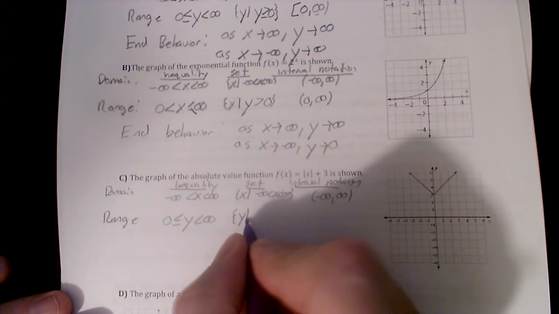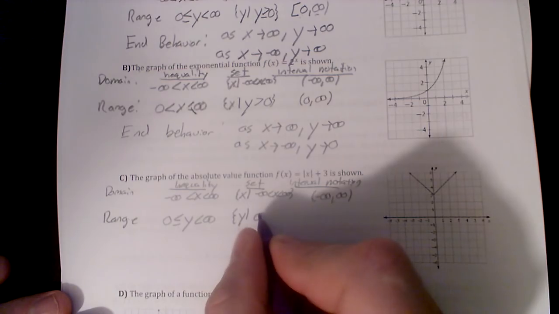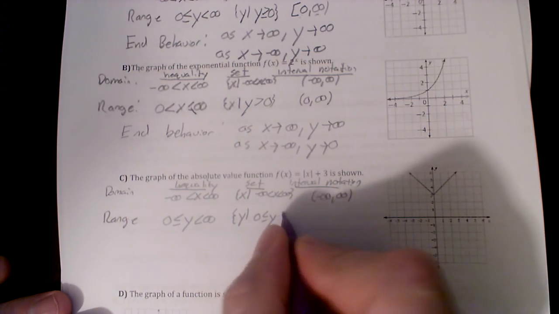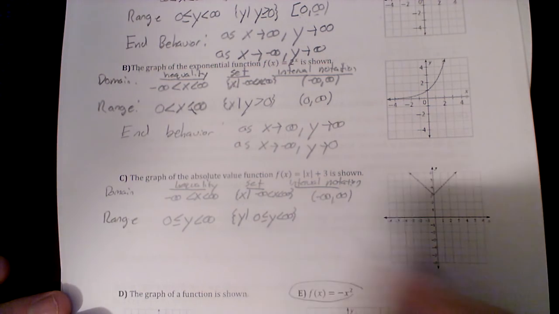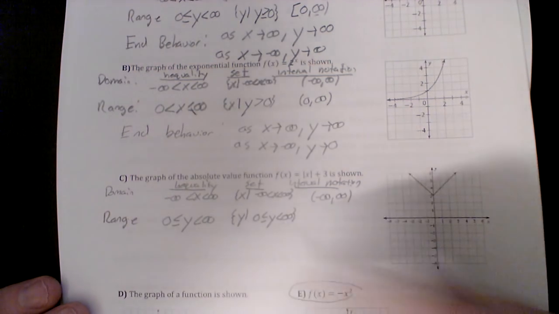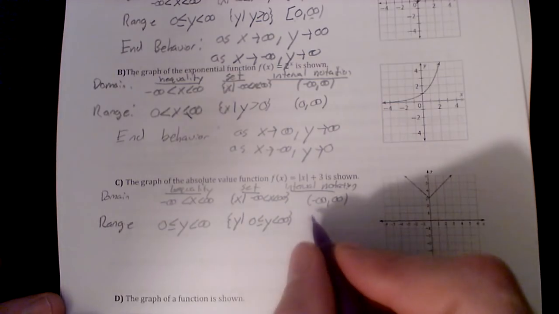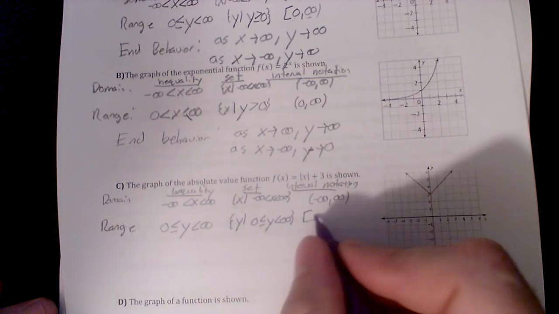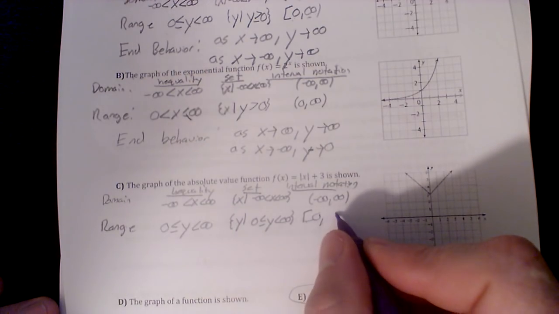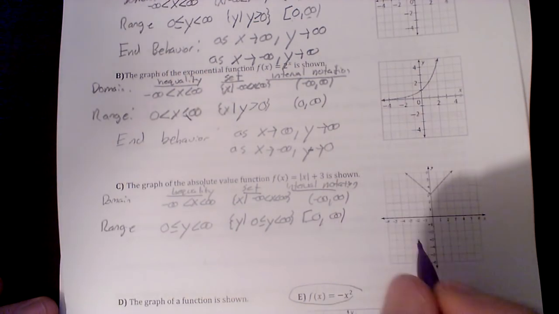And we got our y bar. And yes, I could have just said y is greater than or equal to 0. That would imply that it goes up to infinity. We're going to use a bracket because I touch 0, and I can't touch infinity.